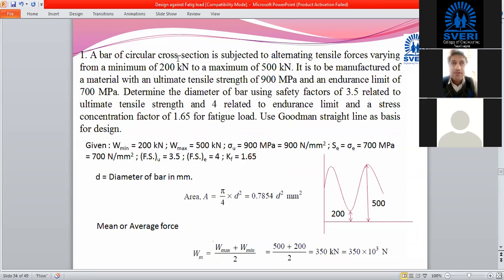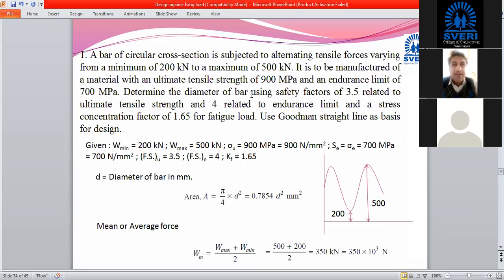A bar of circular cross section is subjected to an alternating tensile force varying from 200 kilonewton to a maximum value of 500 kilonewton. It is to be manufactured of a material with an ultimate tensile strength of 900 megapascal, that is 900 Newton per millimeter square, and an endurance limit of 700 megapascal, that is 700 Newton per millimeter square.